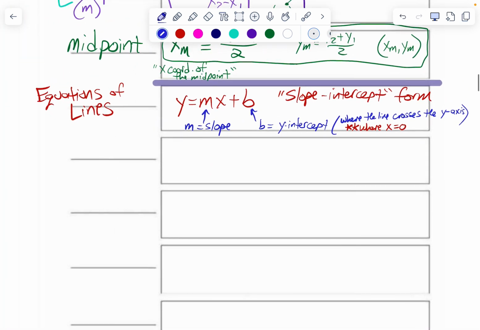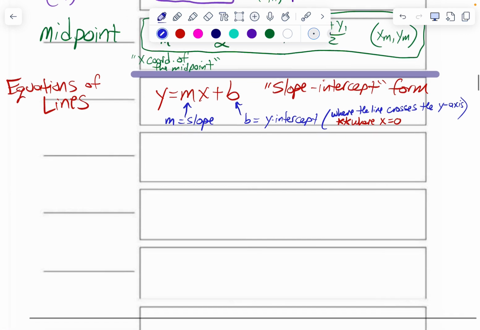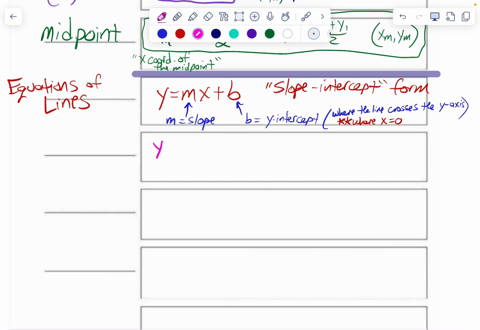The other form, again, my favorite form, is y minus y1 equals m times (x minus x1). And this is called point slope. The reason why is because this form shows you a point on the line and the slope.